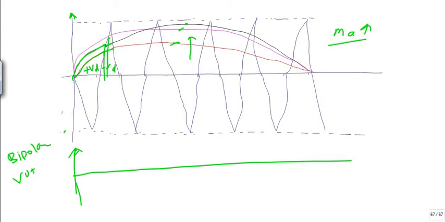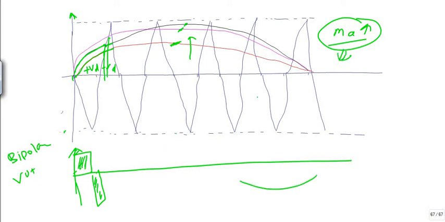So what happens when I increase the peak of the control signal, that is, when I increase the modulation index? My plus VD area keeps on increasing and the minus VD area keeps on decreasing, so that my fundamental output voltage peak keeps on changing depending upon the value of the amplitude modulation index.